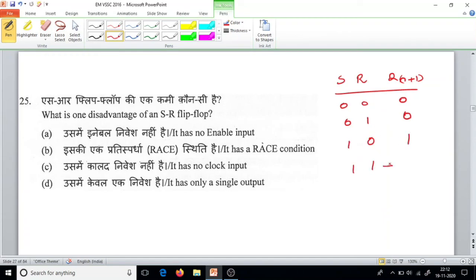When both are 1 1, this is an indeterminate state. We have to avoid this state in SR flip-flop. This is known as the race condition. So the disadvantage of an SR flip-flop is it has a race condition.